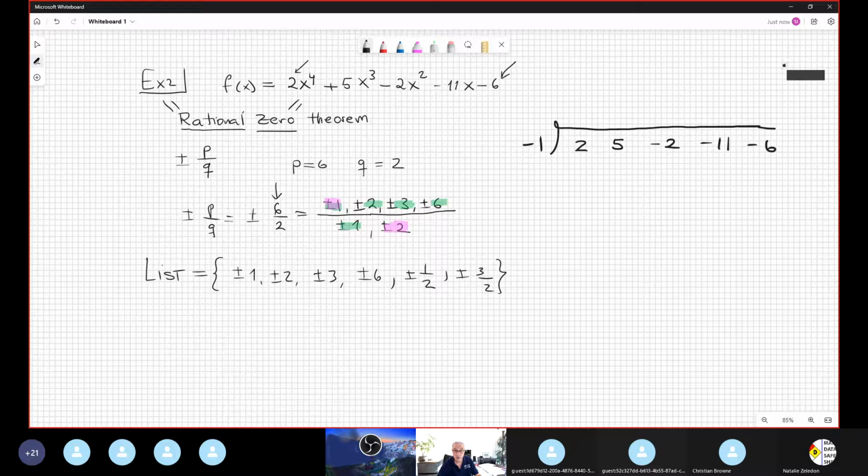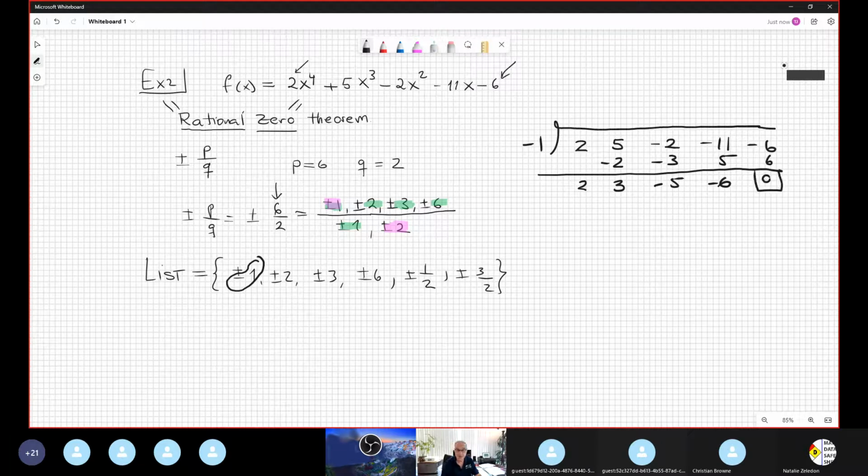It is -1. I take, for example, this one, -1, and I do the synthetic division. Bring down the 5, multiplication is -5, -2 plus -5 is -7, multiplication is +7, -11 plus 7 is -4, multiplication is +4, and -6 plus 4 is -2.